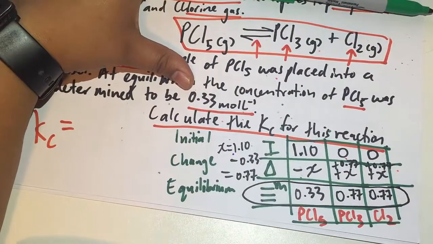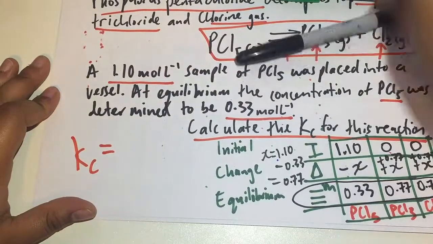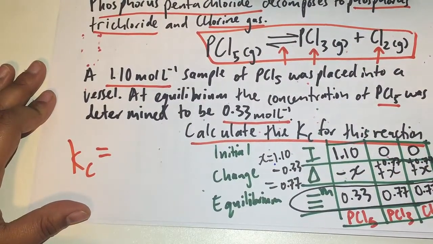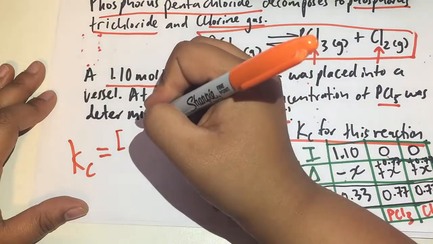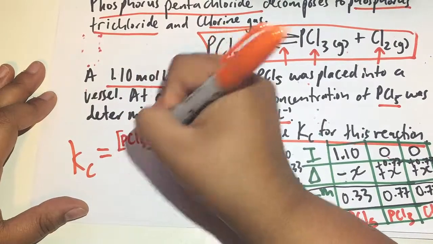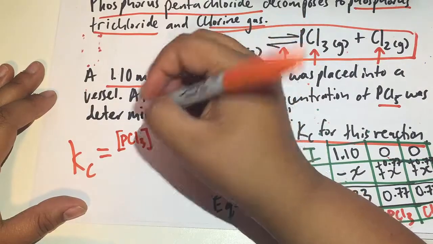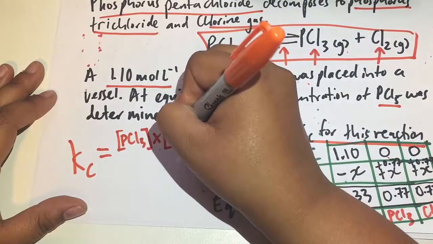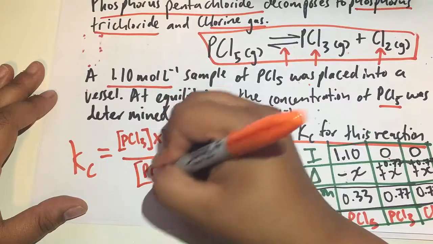So we're going to put that into our equilibrium constant expression, which we haven't written yet, but that's all right. Remember, we put our products on top divided by reactants, and the products are multiplied together. So it's going to be PCl3. Because there are no coefficients except 1, we just assume that's 1 up there, and we multiply it by Cl2, divided by PCl5.